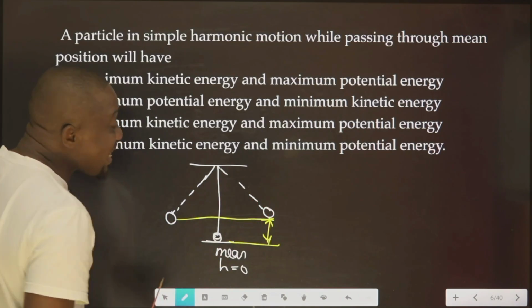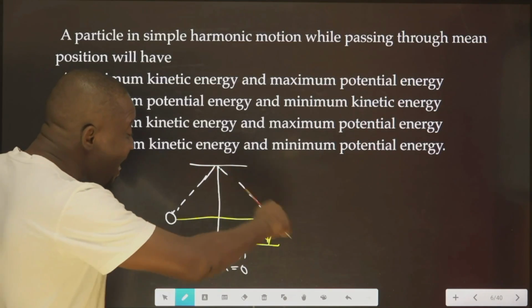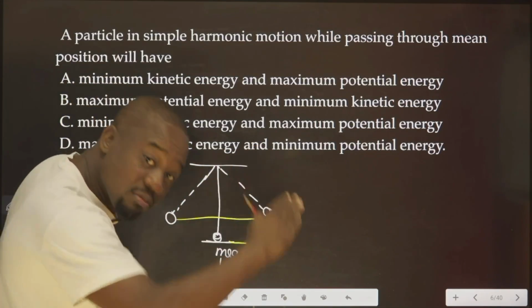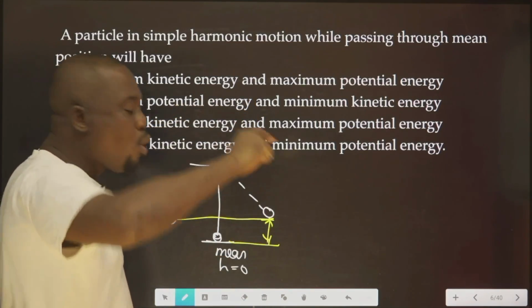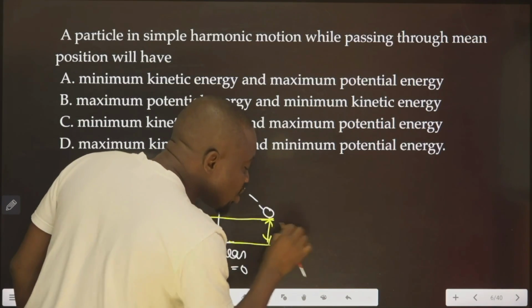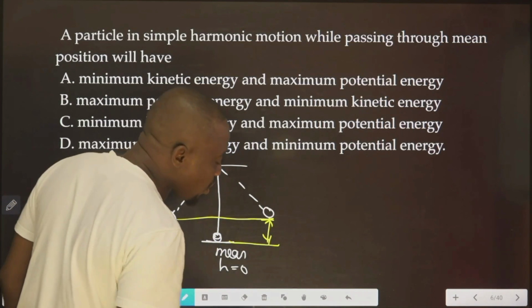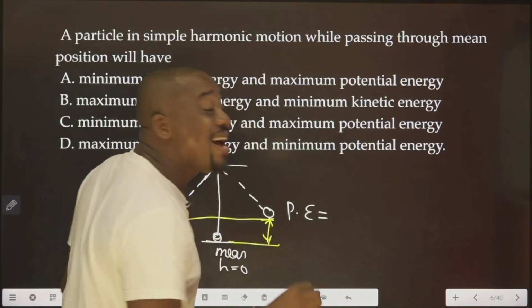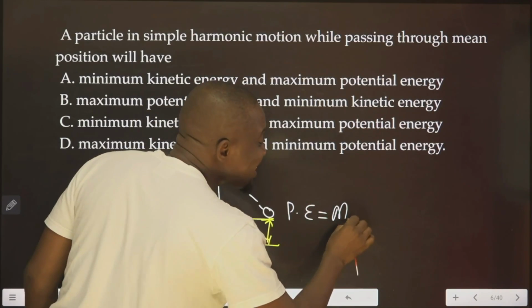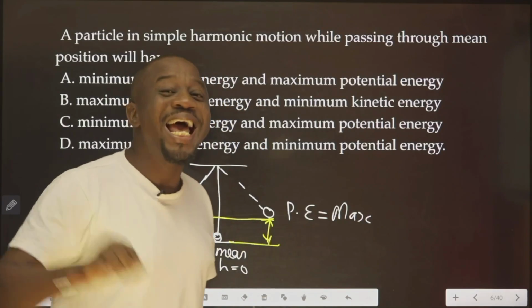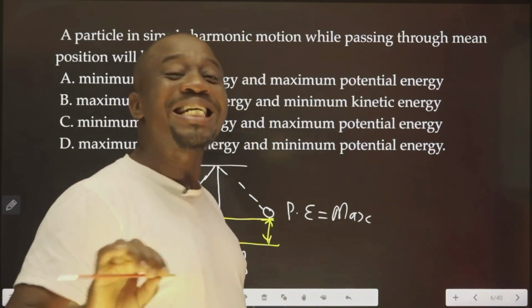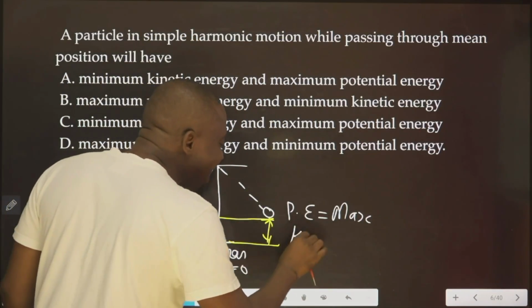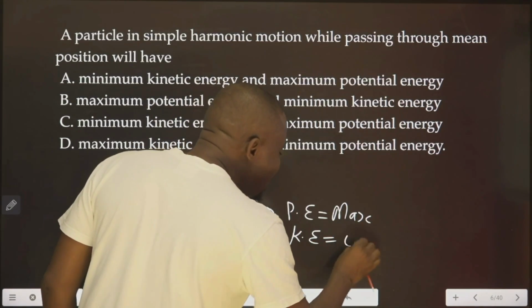So the height here is high. When it's here, it stops. Why at this position is the potential energy very high? Because potential energy is the energy you have when you are at rest.